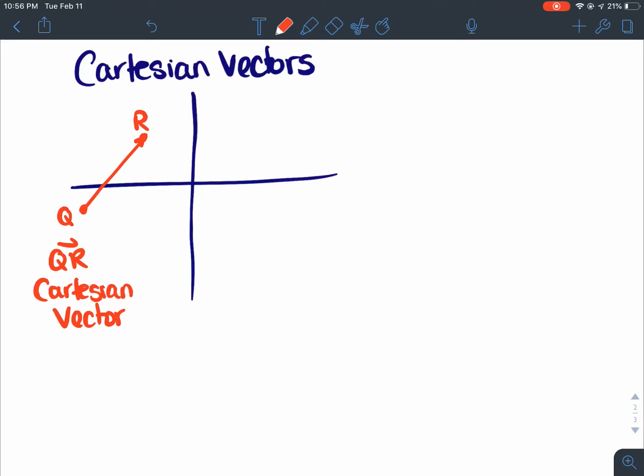Now, if we want to translate QR over to the origin and put it here, I personally would still call this a Cartesian vector, but you could give it a more specific name, and that could be a position vector. Often they represent a position vector at the origin, so we call it O, and then at some point P. Point P would just be some random XY point.